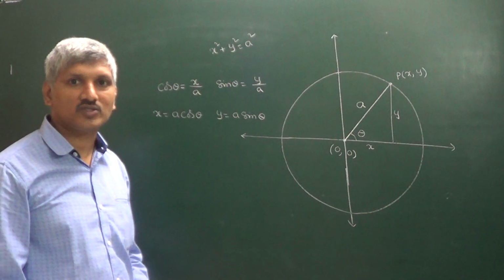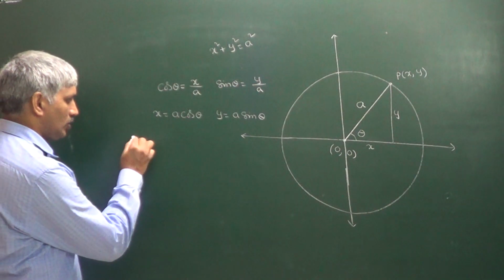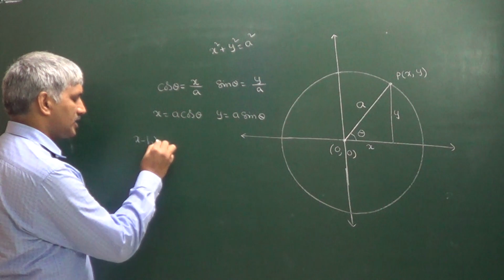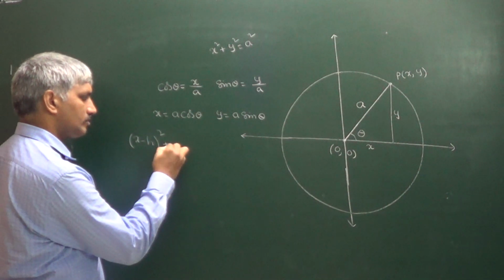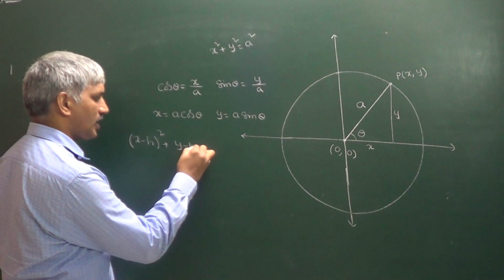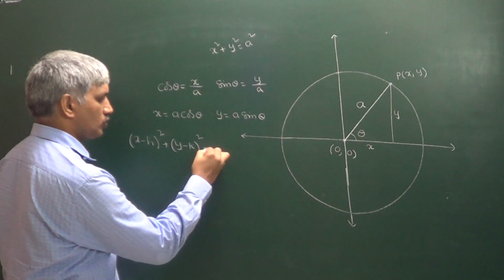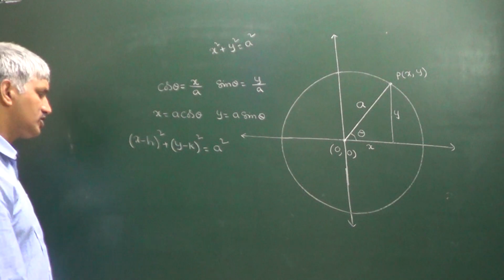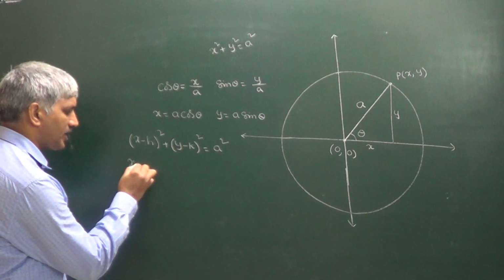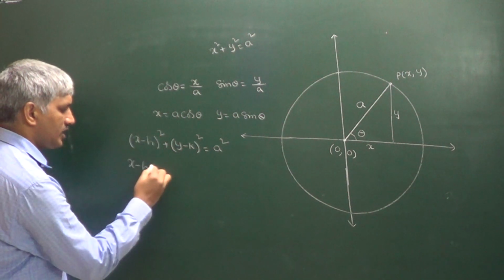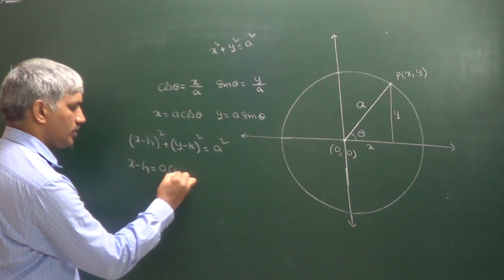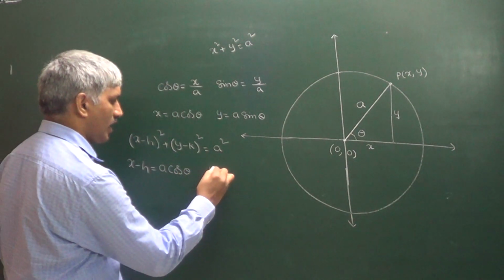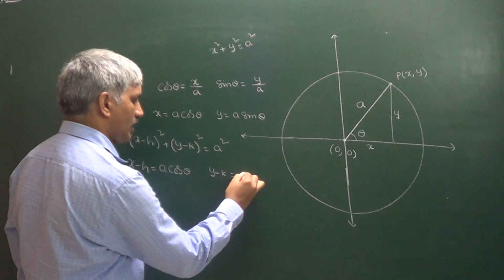X square plus y square is equal to a square. But now the circle equation is x minus h whole square plus y minus k whole square is equal to a square. This is the circle equation. What are the parametric equations of this circle? The parametric equations of this circle are x minus h is equal to a cos theta and y minus k is equal to a sin theta.